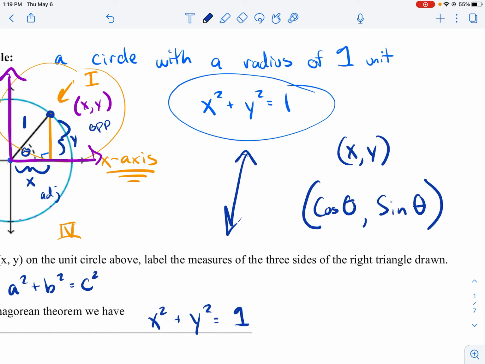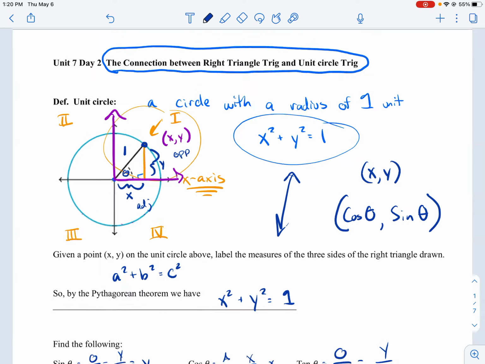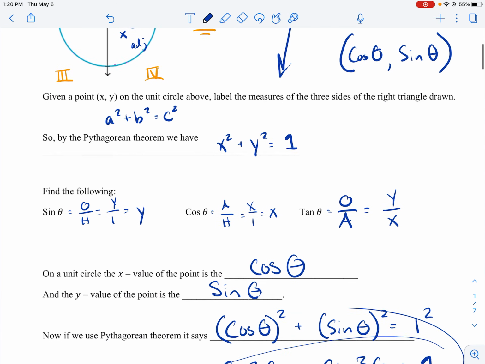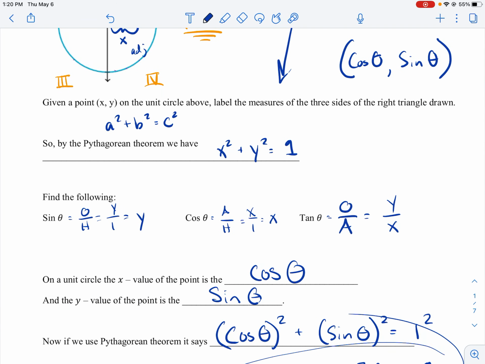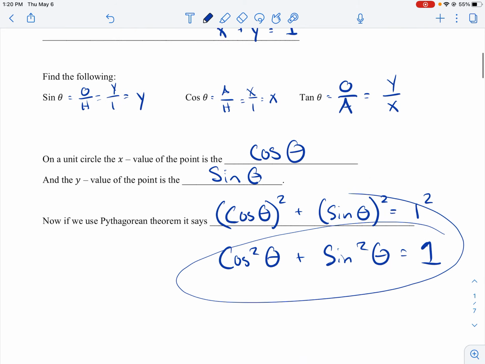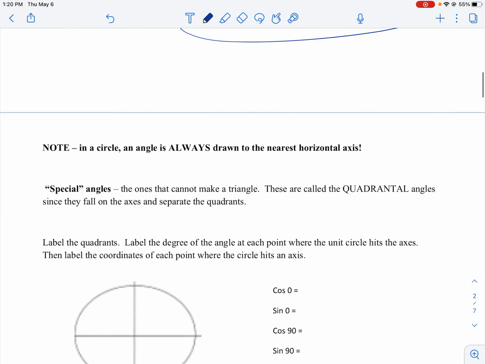So when you think cosine, you think x, and when you think sine, you think y. A great way to remember this is which letter comes first in the alphabet, C or S. Clearly the answer is C, and so cosine will always go first.